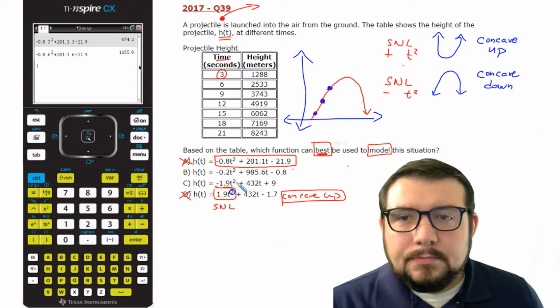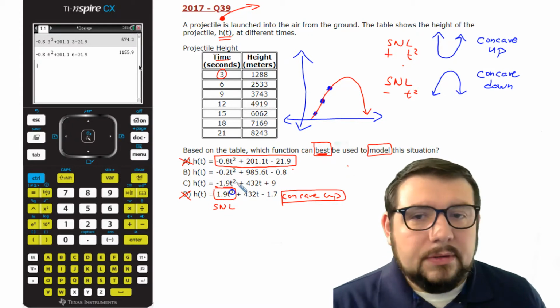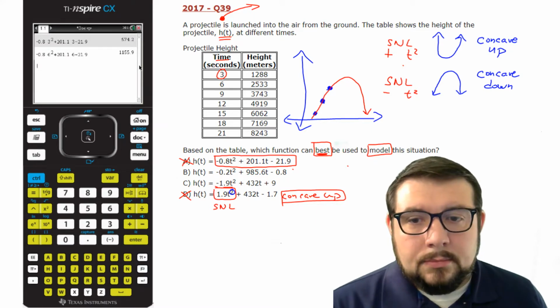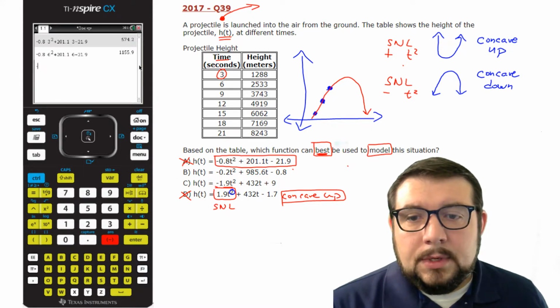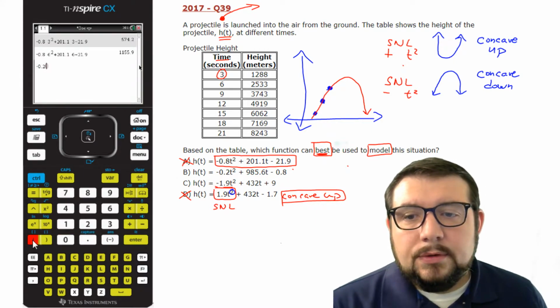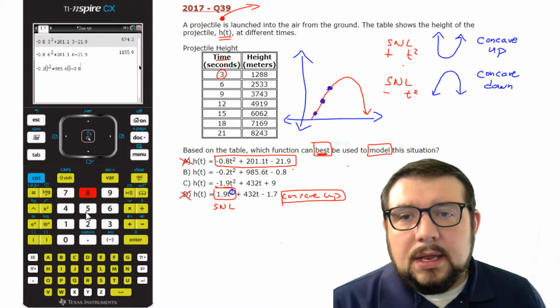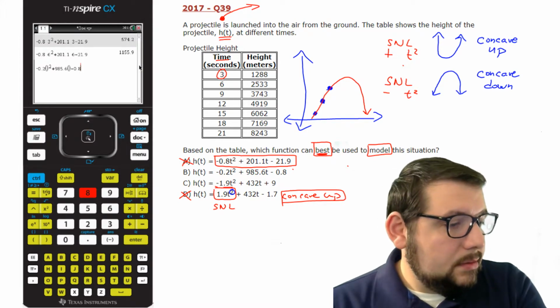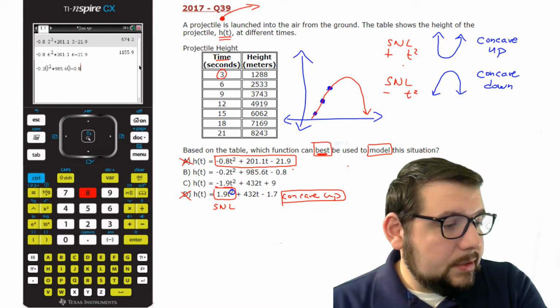So we'll try B. For B, we're going to do the same exact strategy. Negative 0.2 parentheses squared plus 985.6 parentheses minus 0.8, and then I'll show you the zoom in again just so we can all see this together.